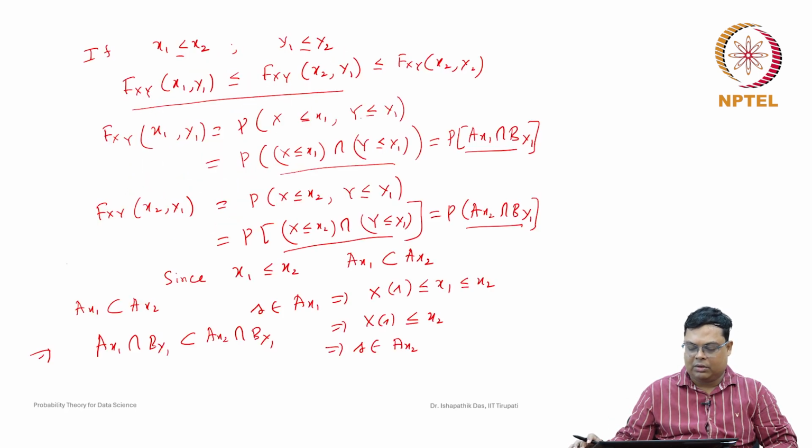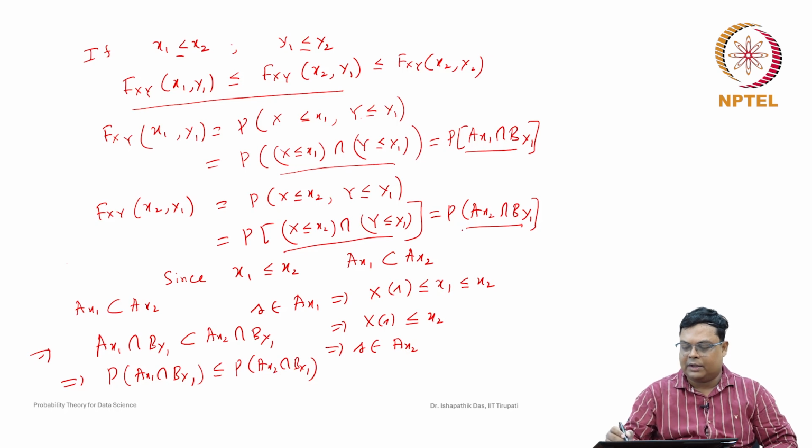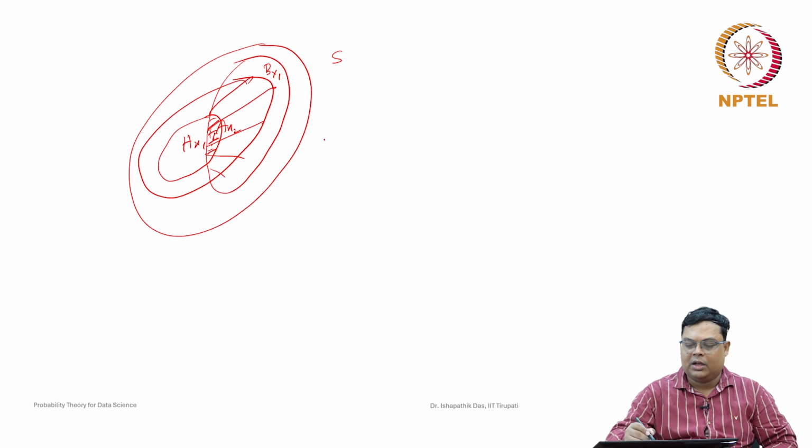Which implies that the probability of A_x1 intersection B_y1 will be less than or equal to the probability of A_x2 intersection B_y1. Hence, from there we can conclude that F_XY(x1, y1) is less than or equal to F_XY(x2, y1).